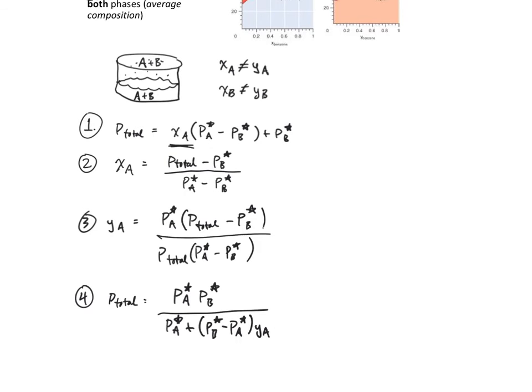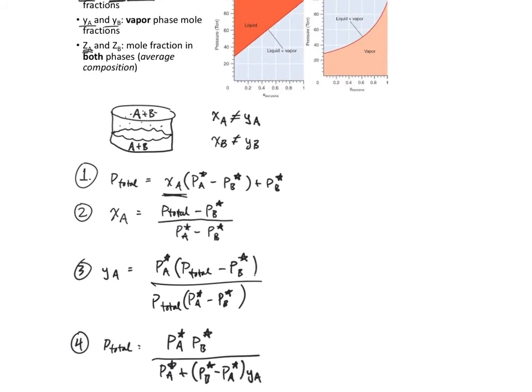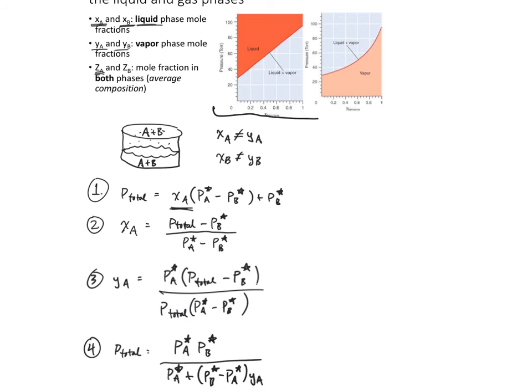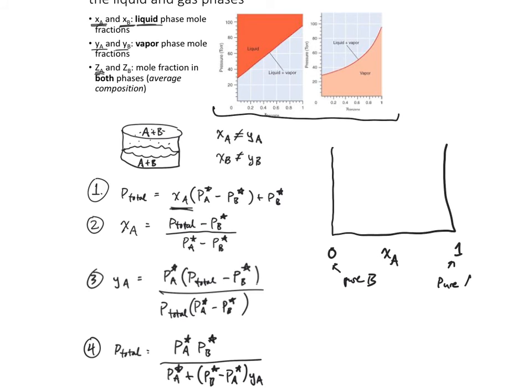Let's take a look at what each of these represent. I'm going to recreate these plots up here because I want to talk about them. Let's say on this axis I have the mole fraction in the liquid state of component A. I can go from 0 to 1. This is pure B, and this right here is pure A. Okay?